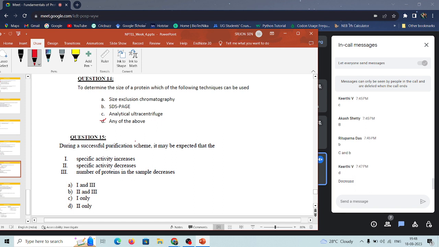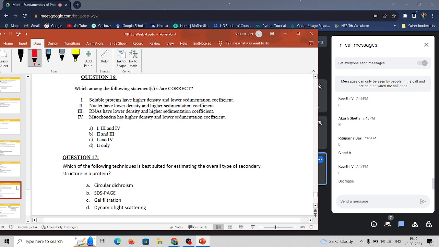And now the specific activity is increasing or decreasing. Definitely, the activity of the protein will increase because there are no other impurities or contaminants. Because of that, your protein activity will increase. So your specific activity increases and number of proteins in the sample decreases. So it's correct. Now the next question.